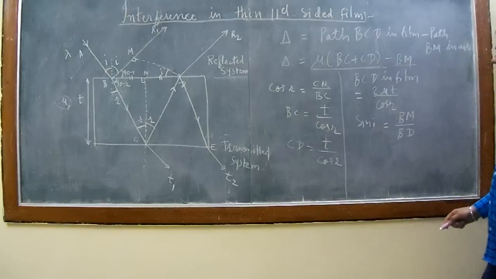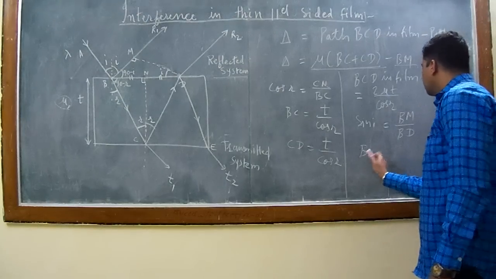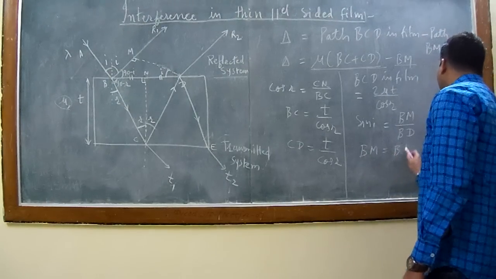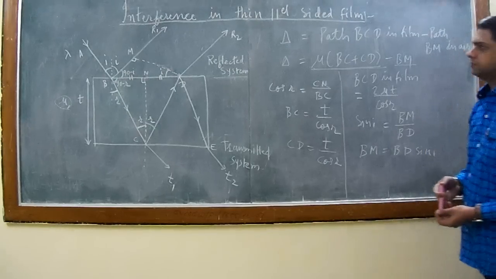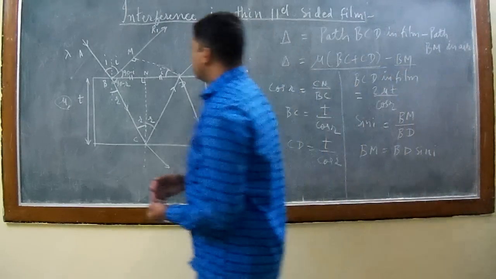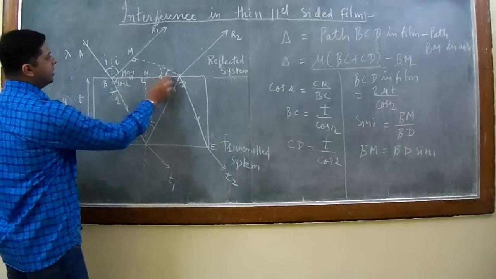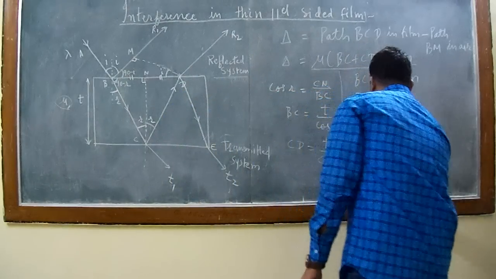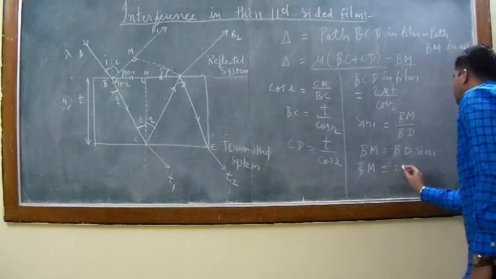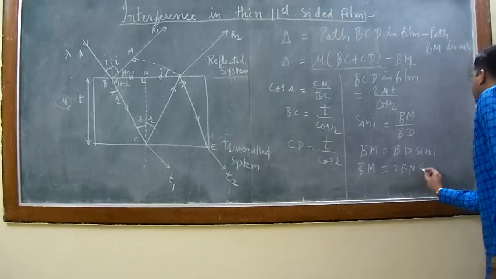And as we have to find out BM, BM will be equal to BD sin i. But as this BD is equal to 2 times BN, this BM will be equal to 2 times BN into sin i.